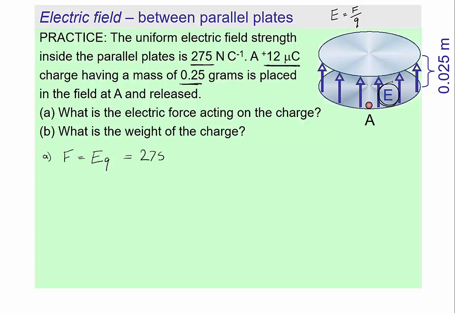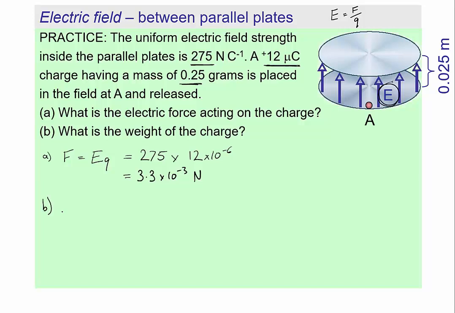It's 275 times 12 microcoulombs, which is 12 times 10 to the minus 6 coulombs, and that gives you an answer of 3.3 by 10 to the minus 3 newtons. Too easy.